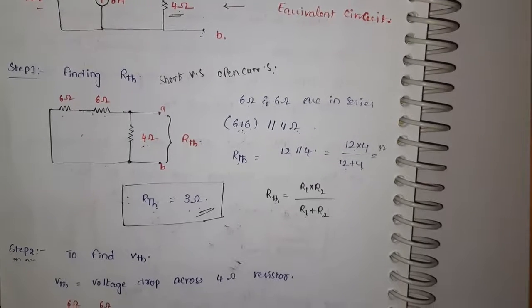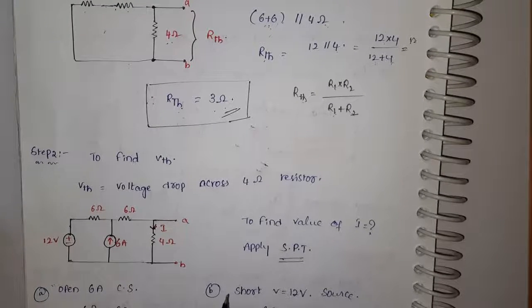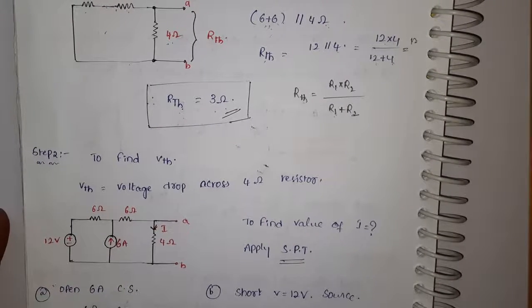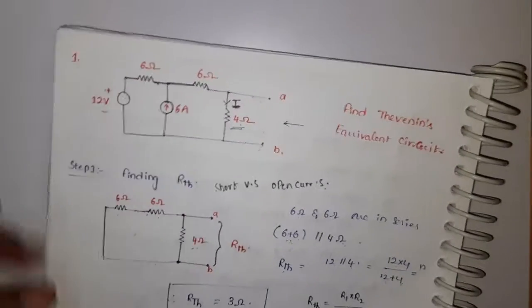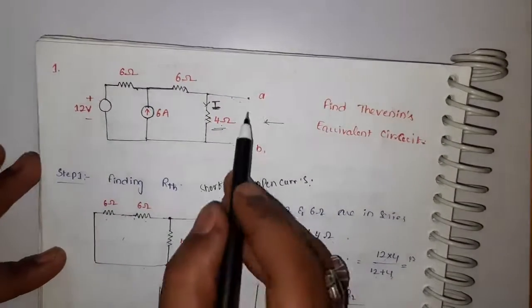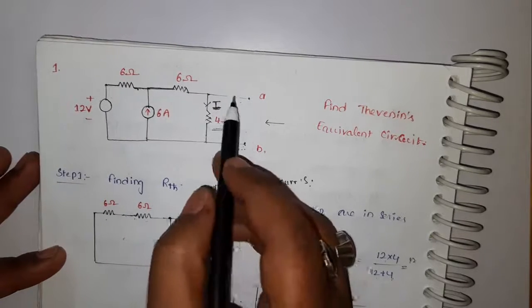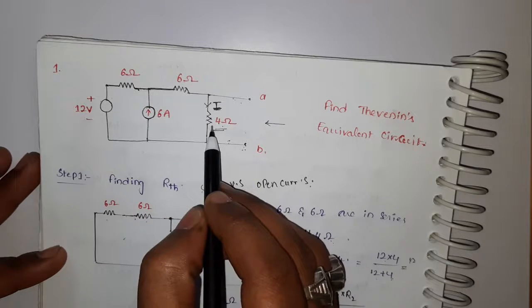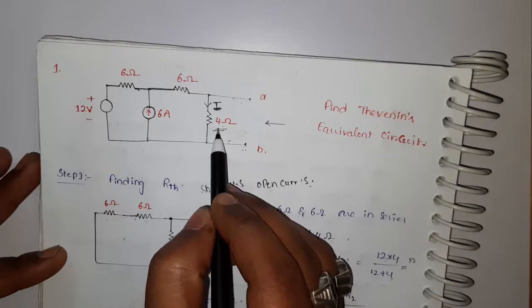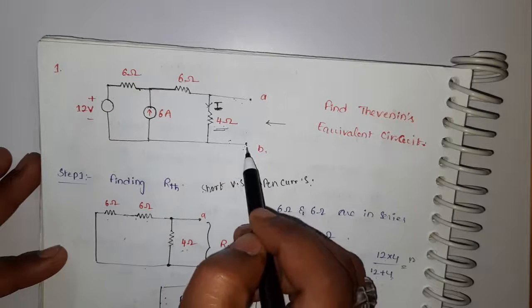Our next step is to find VTH. Let us observe the circuit once again. So what is VTH? VTH is the voltage across these terminals AB. The voltage drop at the 4 ohm resistor is the voltage across terminal AB.